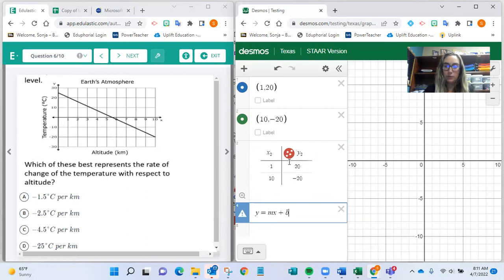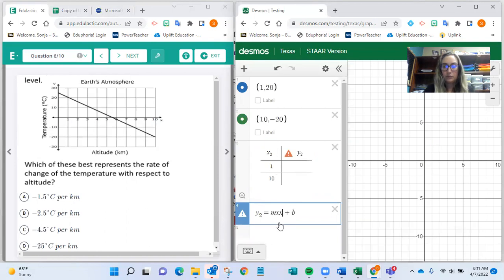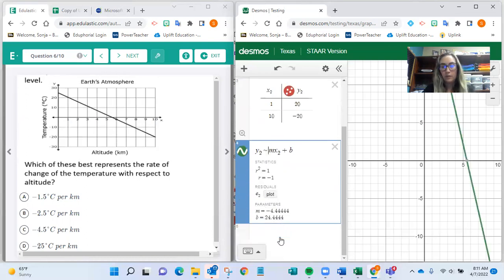I need to tell the computer that I want it to match with this table, y2, x2, whoops. And instead of an equal, I do a squiggle. And it looks like my m is negative 4.444. Well, this is the closest to negative 4.444. So C would be the correct answer.